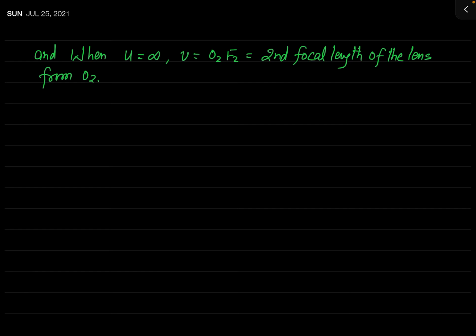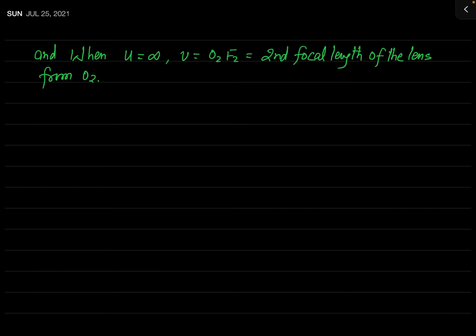And how do we define the second focus? The second focus is defined as follows: if you keep the object at infinity, then the position where the image is formed, where the light beams converge, is called the second focus.